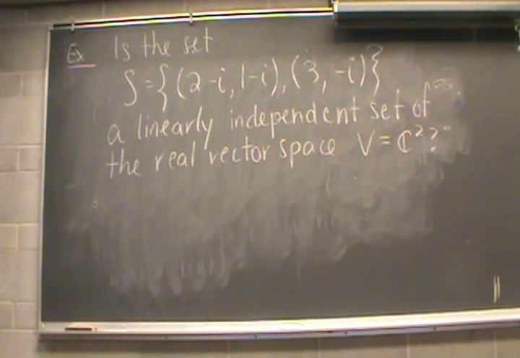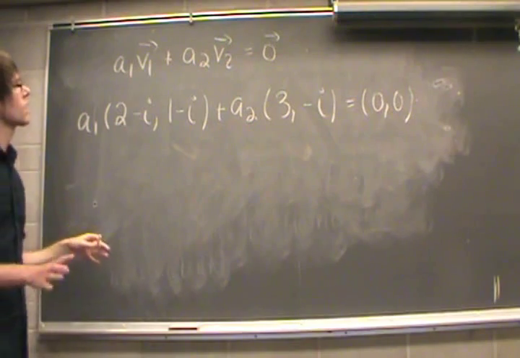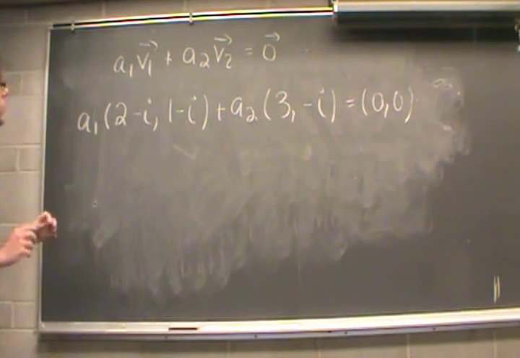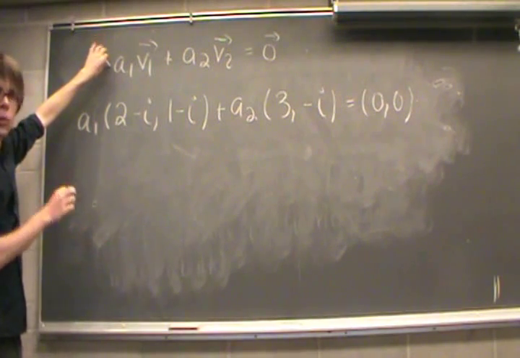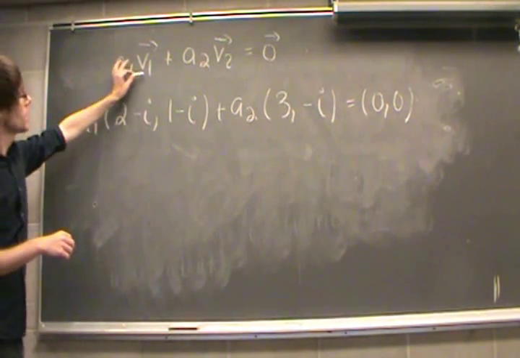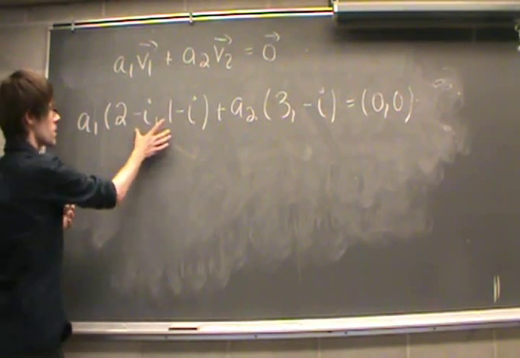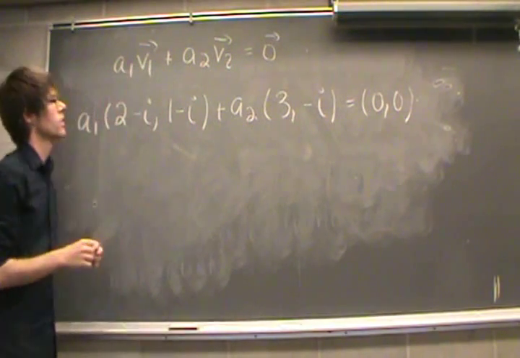The next example we're going to take a look at is a set from the real vector space C2. So here's our set S, and we're going to determine whether or not this set of two vectors is linearly independent in C2. So again, to start off this example, we're going to start with our linear independence equation, and I'm going to fill in v1 and v2 as those vectors that were given in the question.